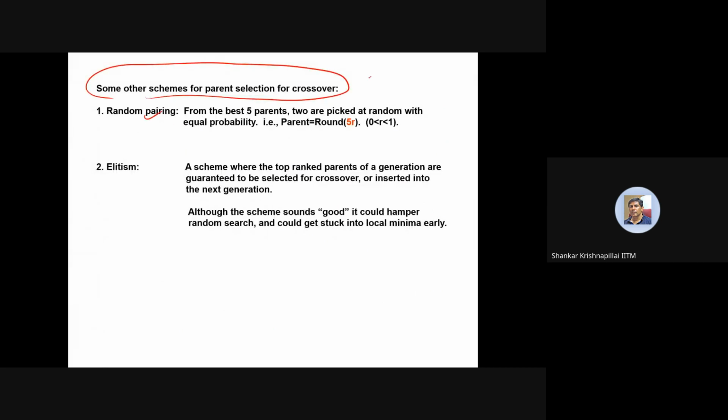Okay, then some other schemes for parent selection. We studied roulette wheel, which is actually the best type which is used everywhere. Some other lesser known type of parent selection is a random pair. A random parent means all 5 parents are assumed to be equally good, although their fitness is relatively different. So from the best 5 parents, 2 are picked at random with equal probability.